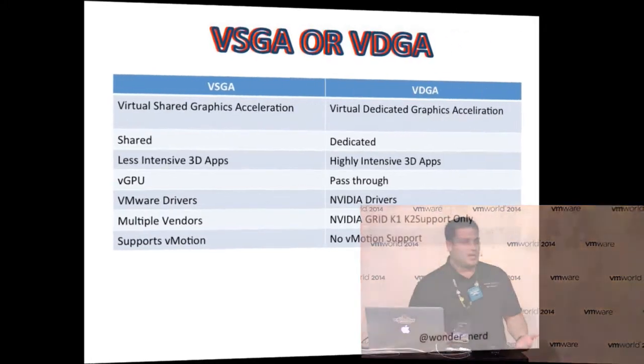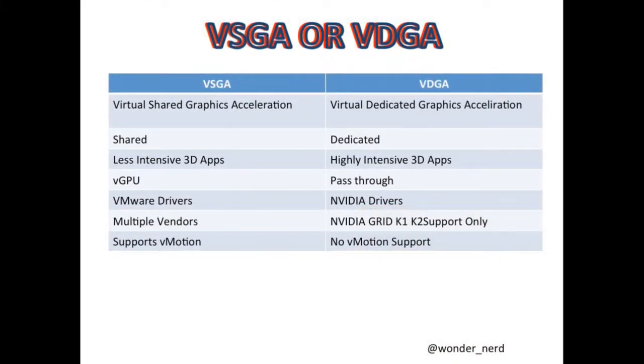Most people, when we're talking about 3D graphics, are going to say, I want VSGA or VDGA. There is also Soft 3D, which is installed on the virtual machine itself and just uses the processor, RAM, and hardware of the physical server, the ESXi host that you have, as opposed to having a special graphics card in there. VSGA and VDGA both require specialized graphics cards.